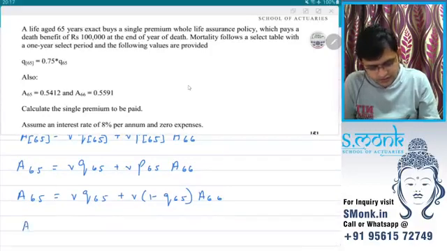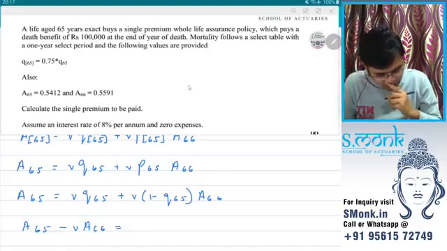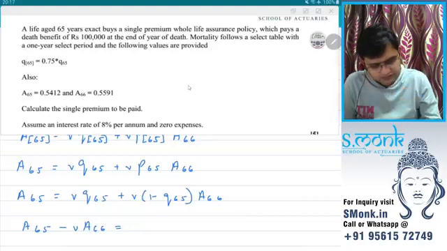So I will get A65 minus vA66 equal to vq65(1 minus A66).